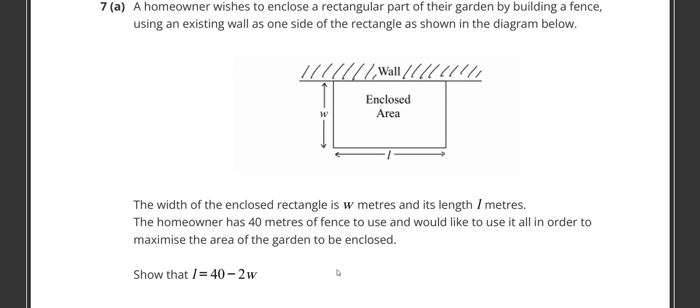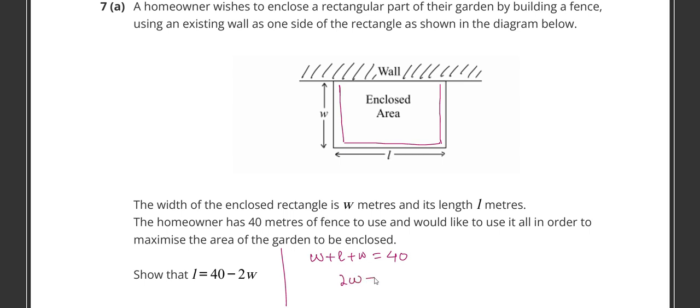We will say that he has to enclose this side, and this side, right? He will not put fence onto here, right? Therefore we will say that the perimeter, or the length of the fence, should be W plus L plus W, and this whole thing should be 40.